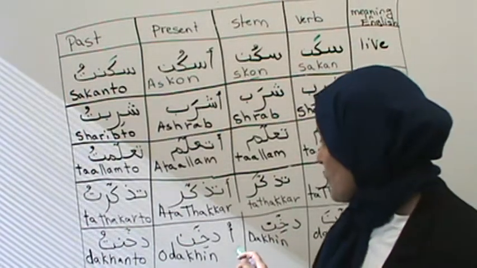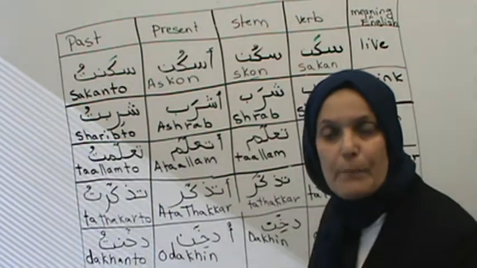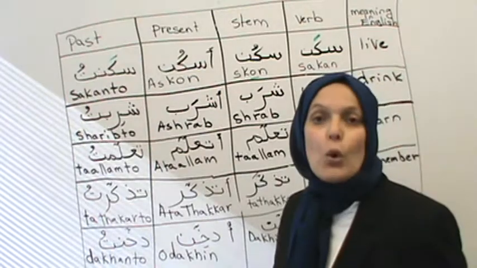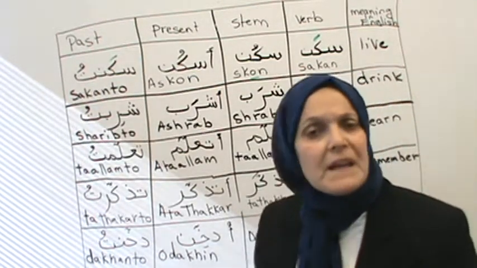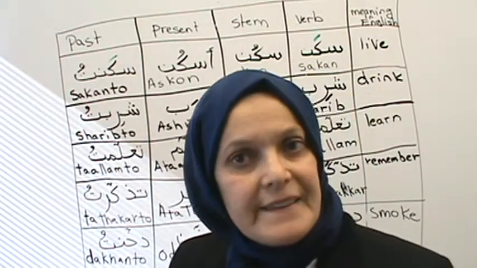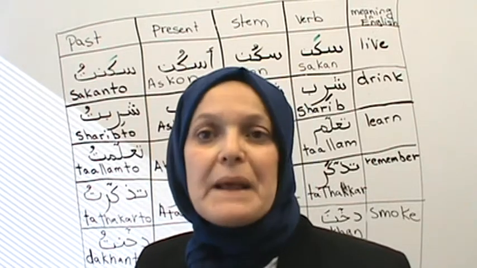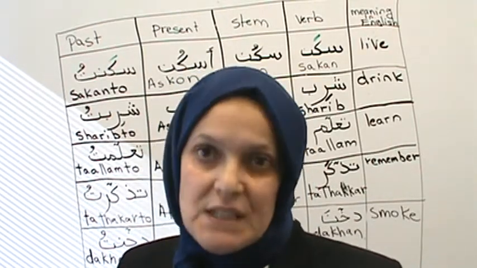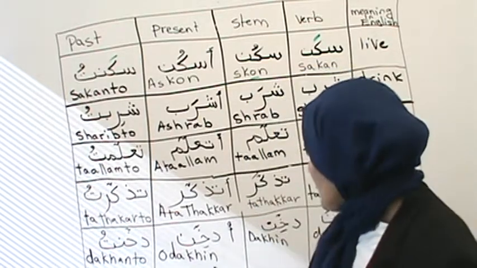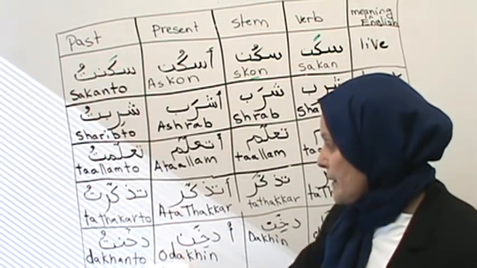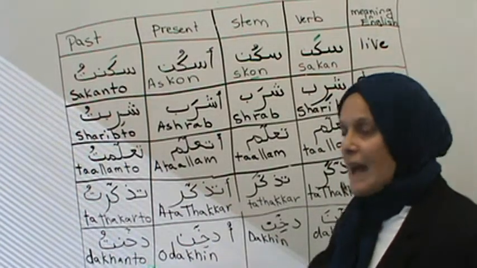And the verb is udakhen here, because this is a special treatment for this verb. Instead of saying adakhen, you say udakhen. But I don't want you to feel overwhelmed, so just go with a for now, and later on when you master the conjugation, I can explain why we say u versus a, or o instead of a. And I smoked is dakhantu.